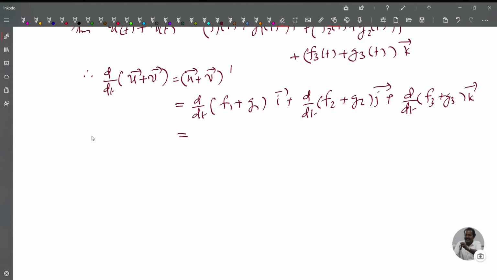So that is equal to f1 prime plus g1 prime i plus f2 prime plus g2 prime j plus f3 prime plus g3 prime k.